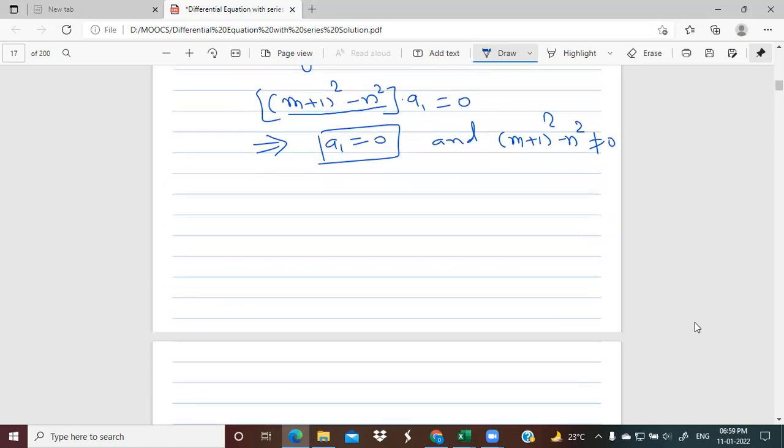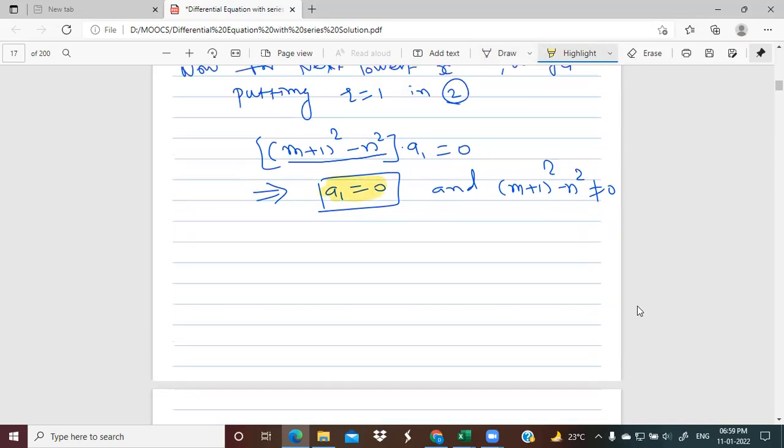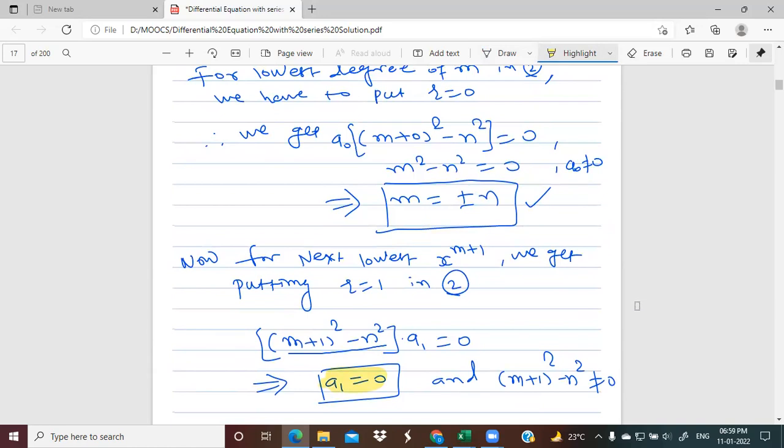Therefore, we must have A1 equal to 0. When comparing the next lowest term, we get A1 equal to 0. From the first relation, we are getting this relation.